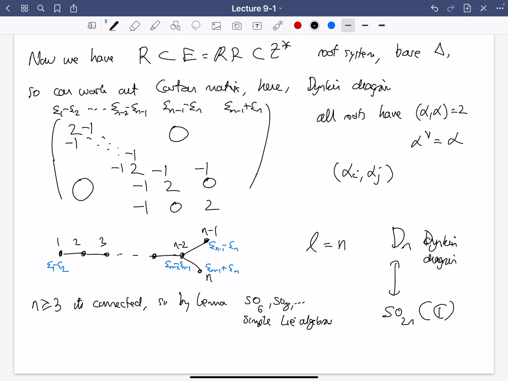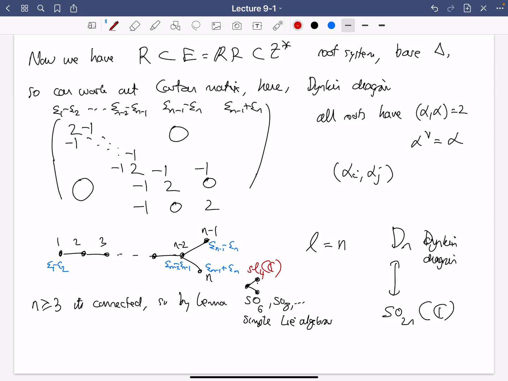But actually, when n is 3, it's a bit degenerate. When n is 3, it's just this guy here. That's all it is. And in fact, SO6 is just the same as A3. D3 equals A3, which is just the Lie algebra SL4 of C.